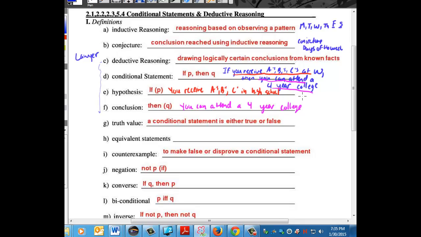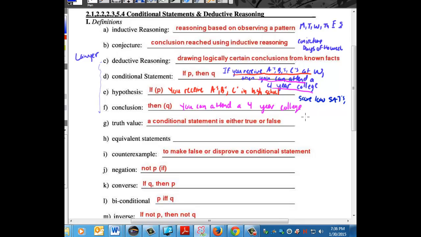Well, if you score really low on the SATs, or maybe you don't even take the SATs, you may not be able to attend a four-year college. So it needs to be true 100% of the time.